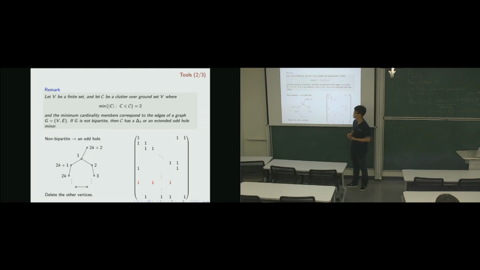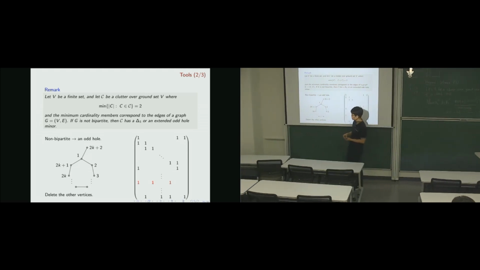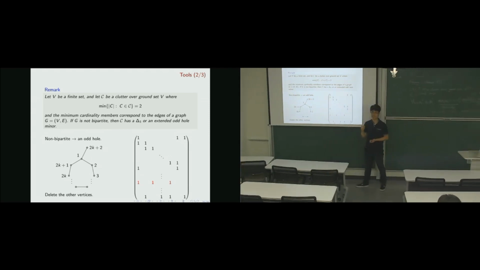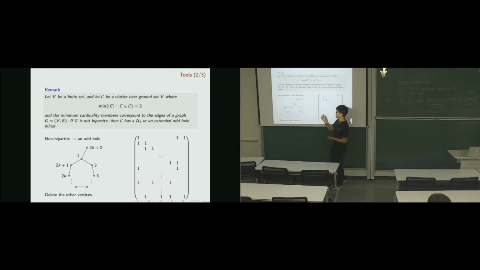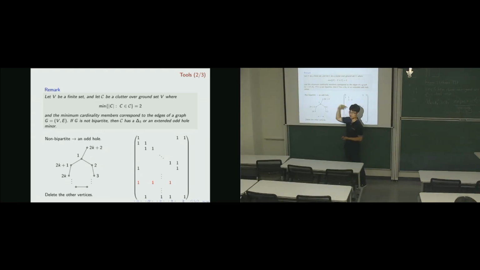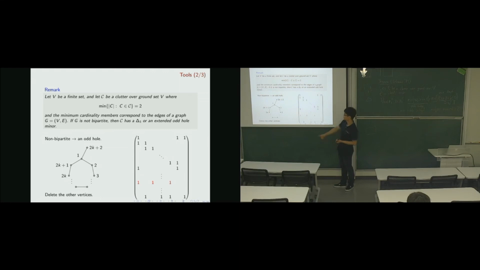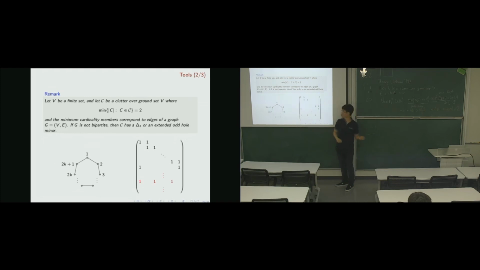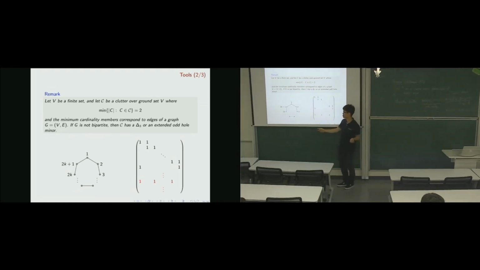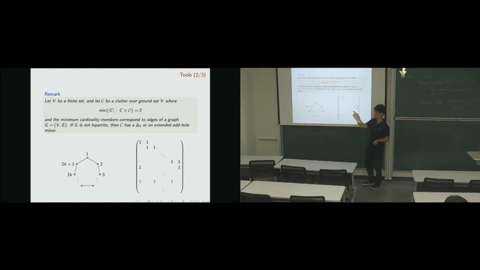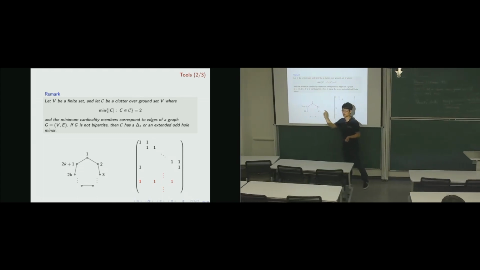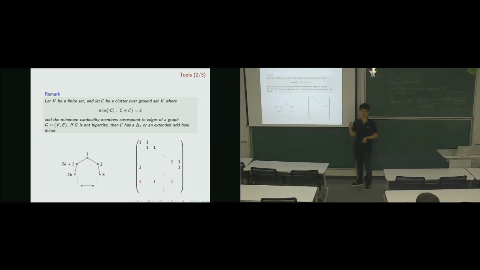If that graph is non-bipartite, then you can find an odd hole. Now you can delete the other vertices. You get an extended odd hole. In this example, you have this 2k plus 2 element. If you delete this element, you just keep these extended odd holes. You could have other hyperedges also. Okay.